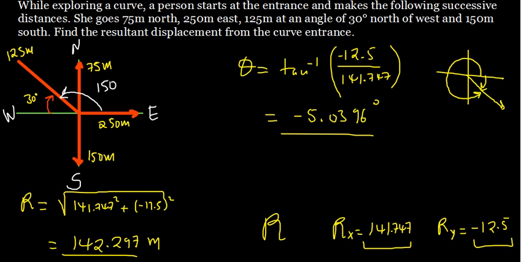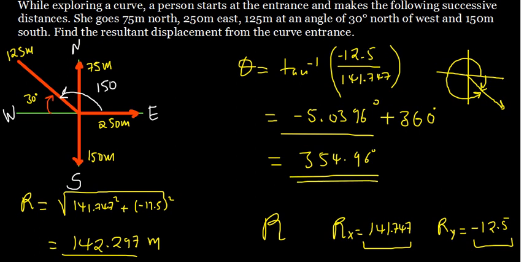It is just 360 minus the angle, or the angle that you have found plus 360, because it's already negative. So the direction is 354.96 degrees. With the magnitude and direction, you get all the marks.